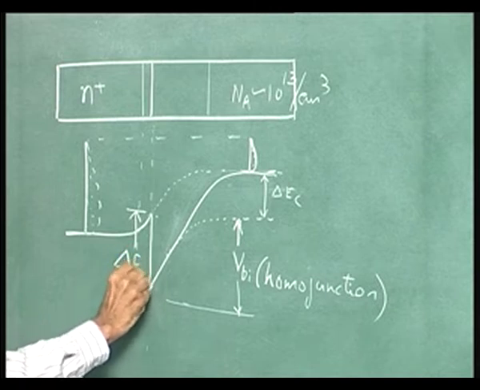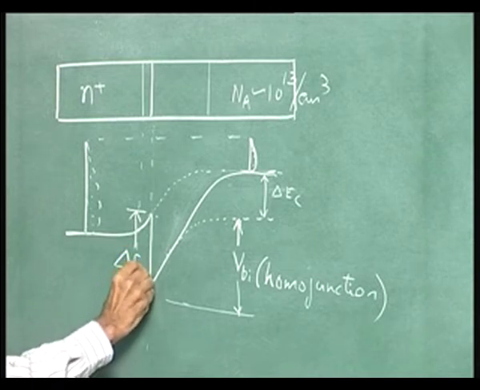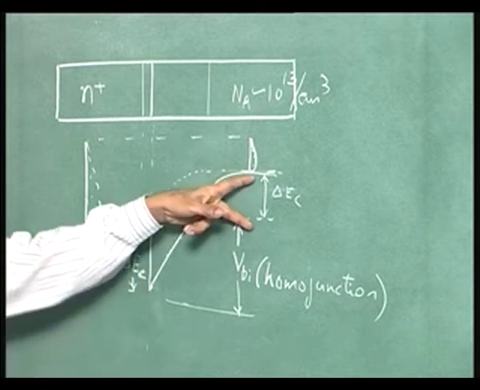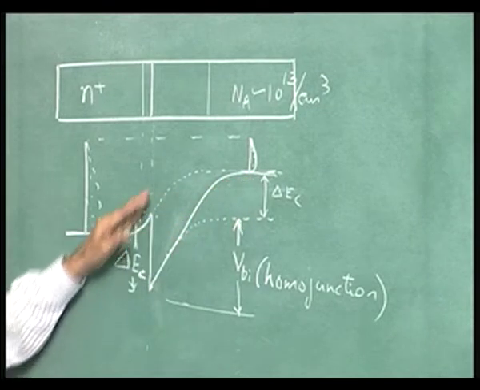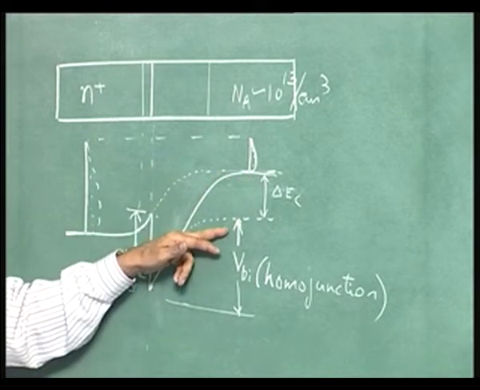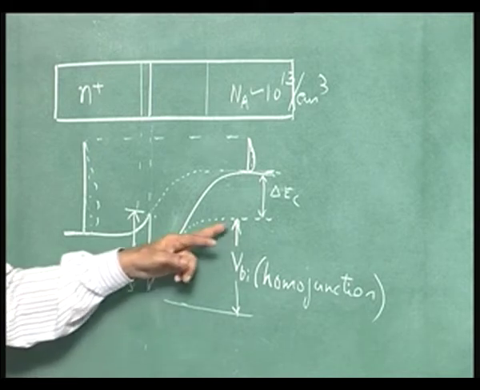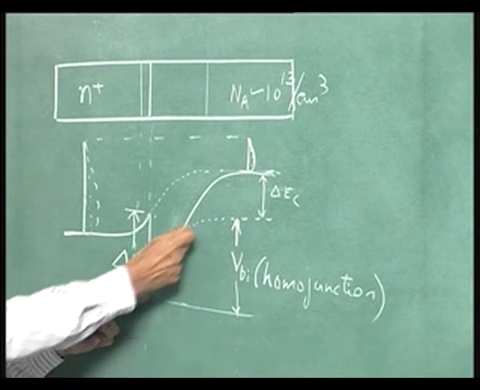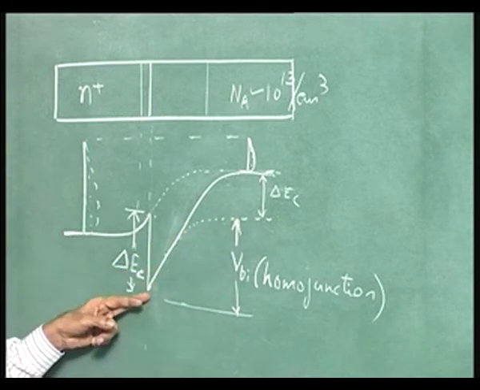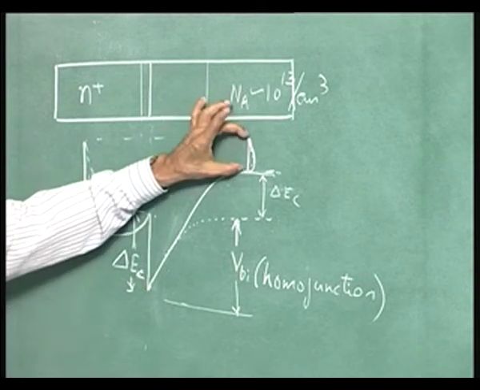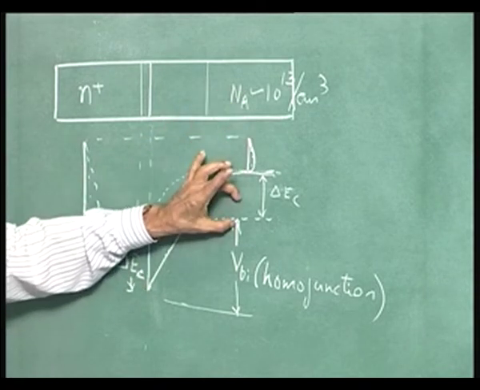If this is shifted down by delta E c, this also will be delta E c, because it is the same change that is taking place. So, if the built-in potential were the same as that of a homojunction, what would have been the situation? That is the built-in potential VBI of the homojunction, and this would have shifted down.